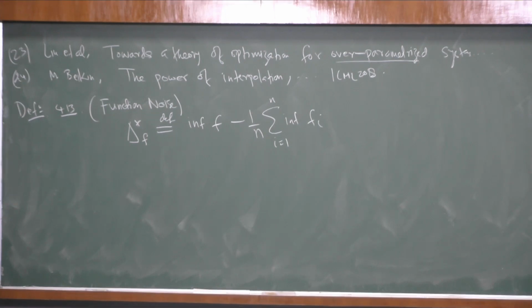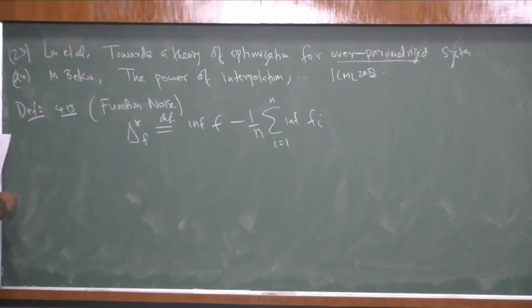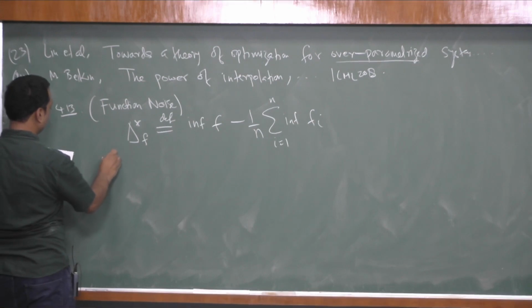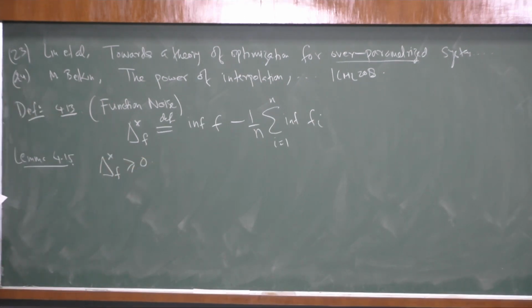But in general, it may not be, so we will characterize the gap like this. With this, we can prove a lemma, which is 4.15, and that says delta star f must always be greater than or equal to 0.